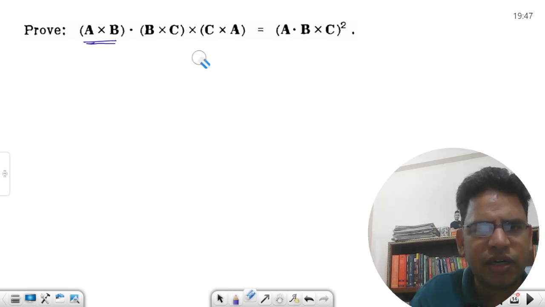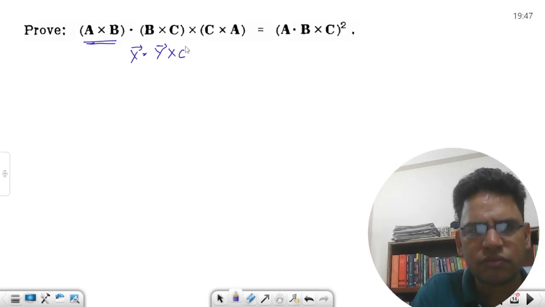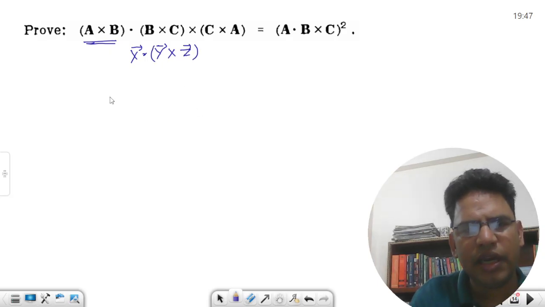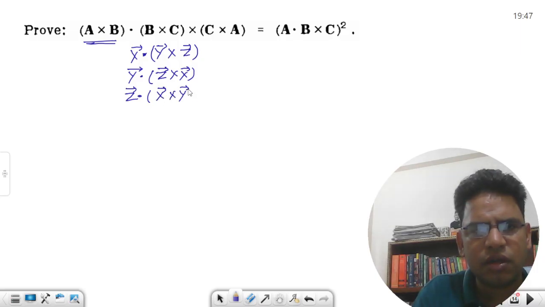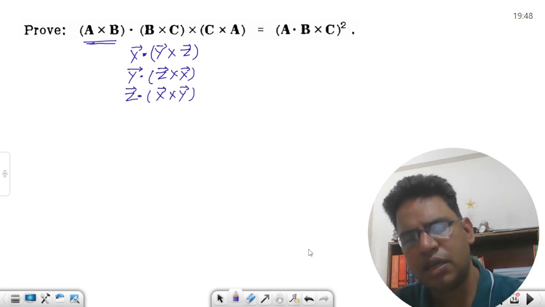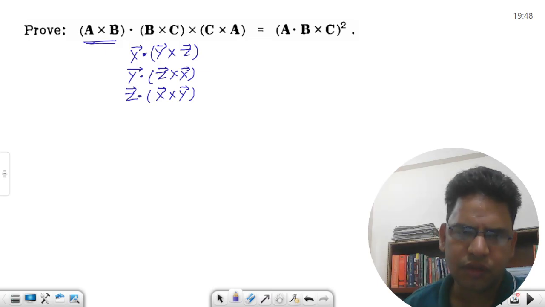Why don't you write it like x dot, I can say you can write it down x cross y cross z, a dot, it can be written as same as y dot z cross x, it can be written as z dot x cross y vector, okay. This is how you can write it, okay.